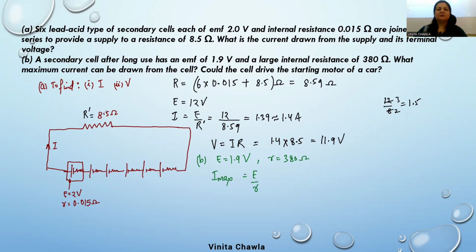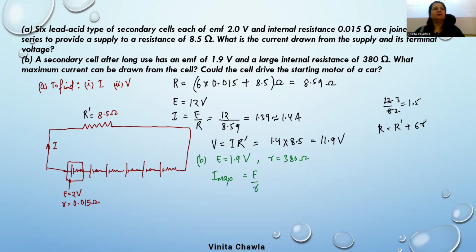Now let the load resistance be R dash. This is your I R dash, and this is your net resistance. R is the load resistance plus the resistance of the 6 internal resistors that you have.